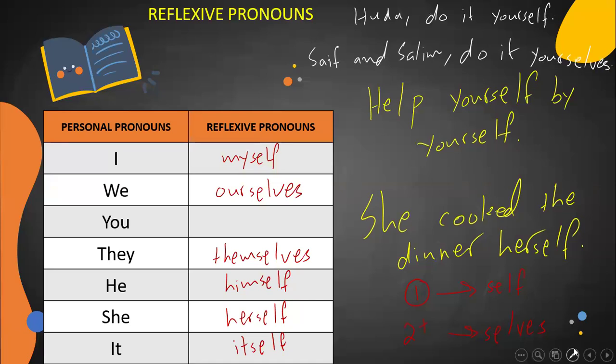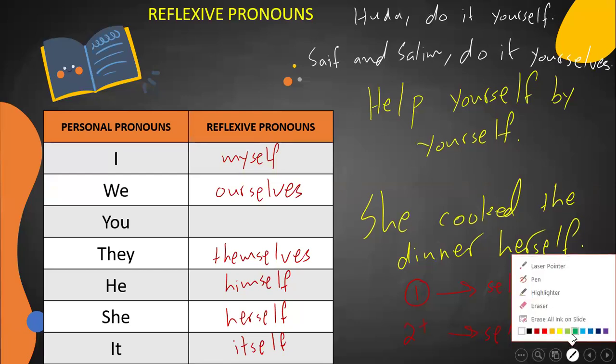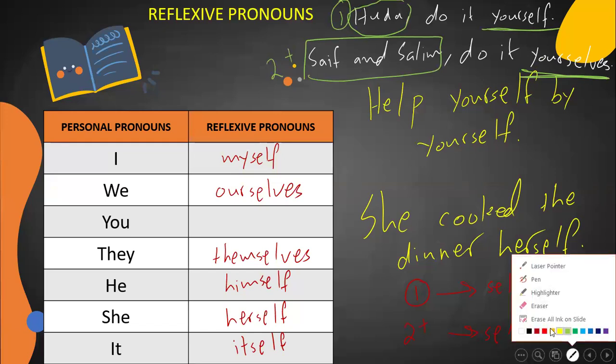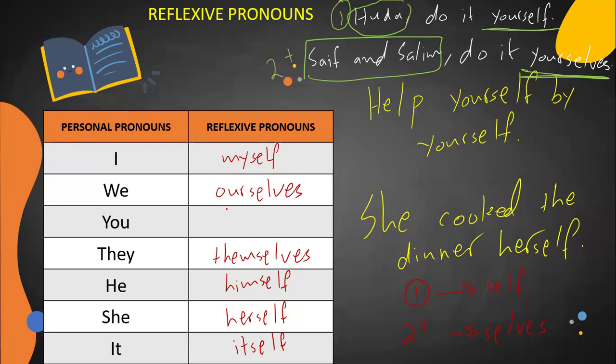Okay, now again, look at the first sentence. Huda is only one person. We are talking to only one person. That's why we use yourself. But here, Saif and Salim, more than one person. So two or more, we use yourselves. So again, if we are talking to only one person, it's yourself. If we are talking to more than one person, we say yourselves.